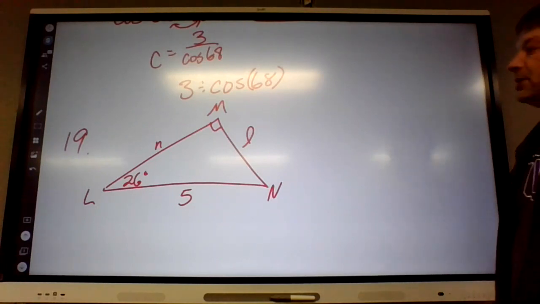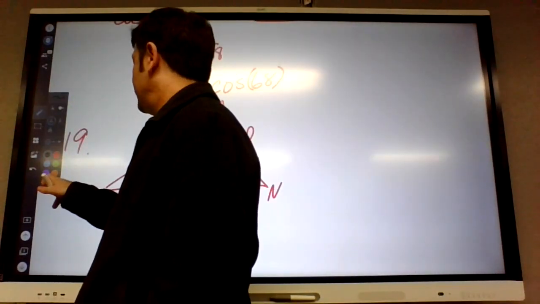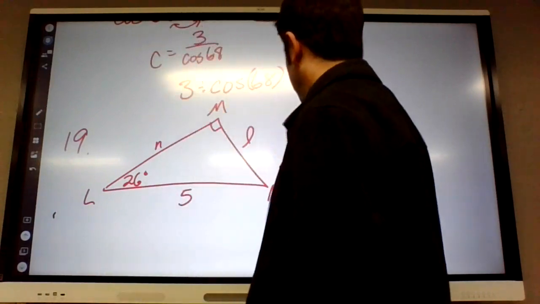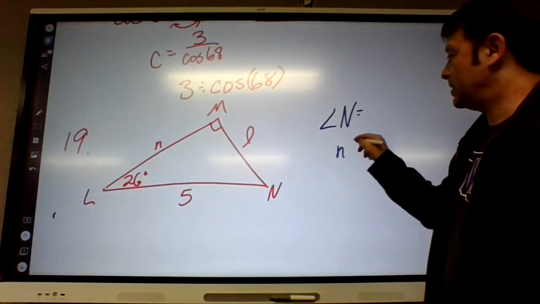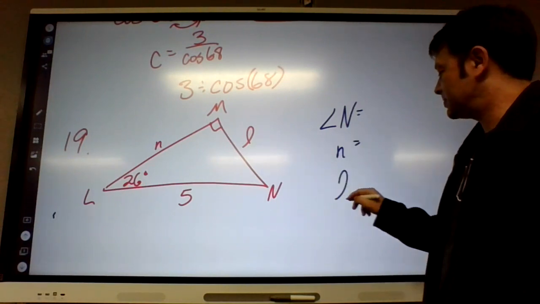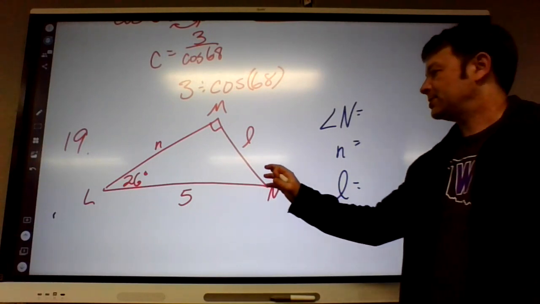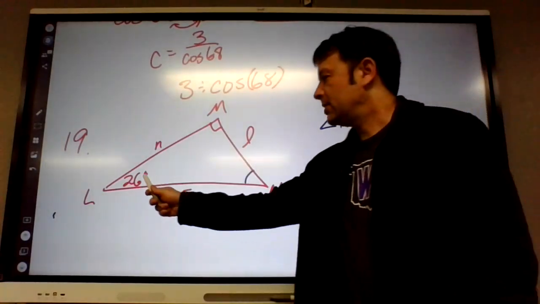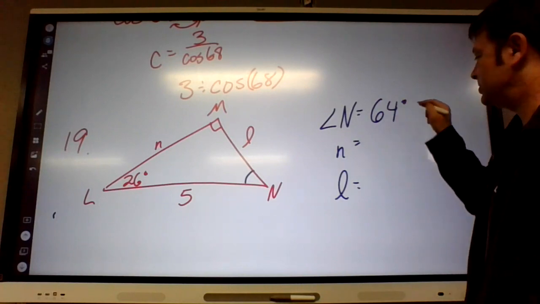So on this one, we're missing angle n, side n, little n, and side L. I always make it cursive so it doesn't look like a 1. Okay, so angle n will be the easiest. How do we find angle n on this one? 90 minus 26 will give us 64 degrees.